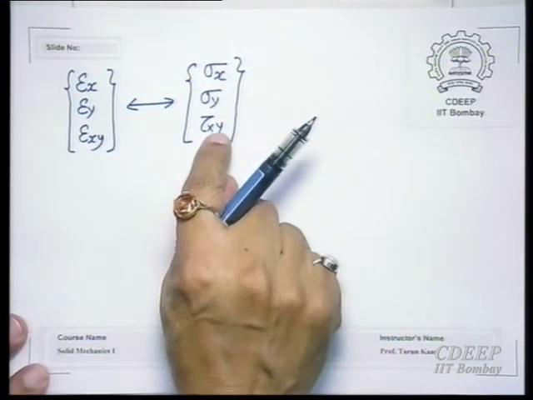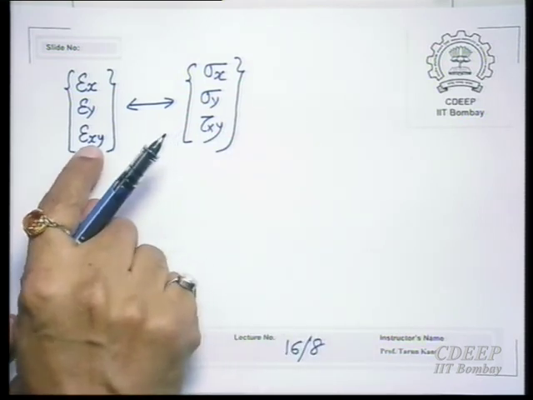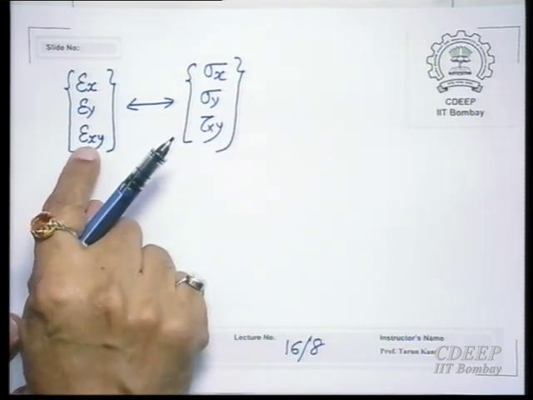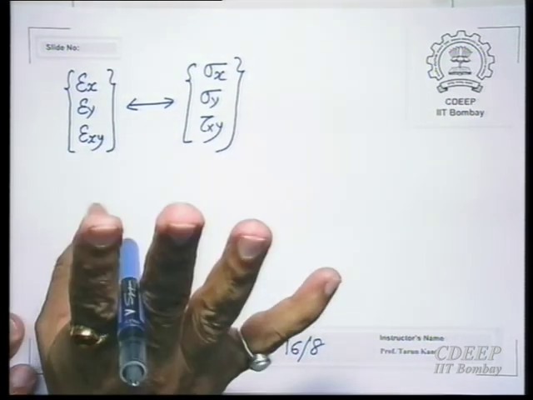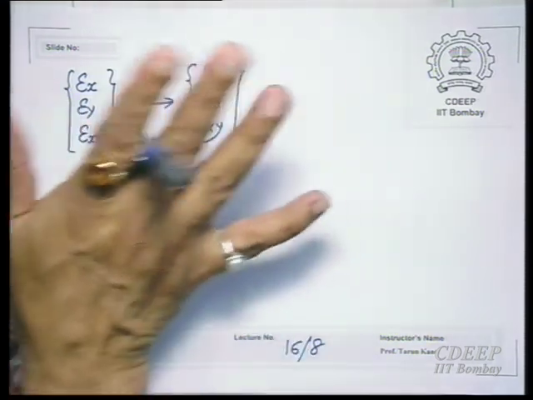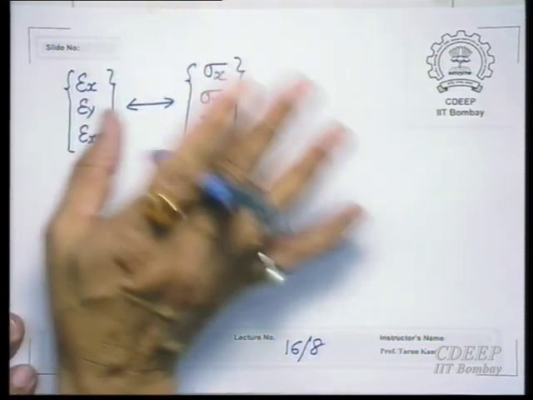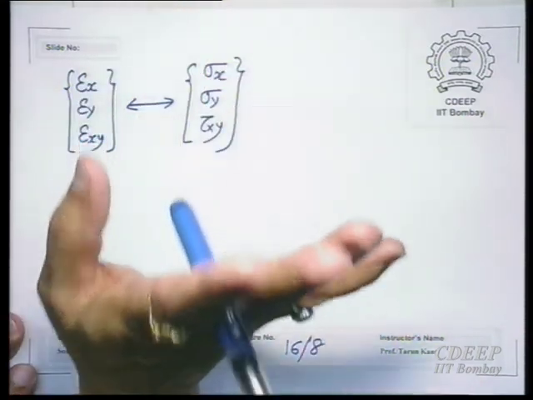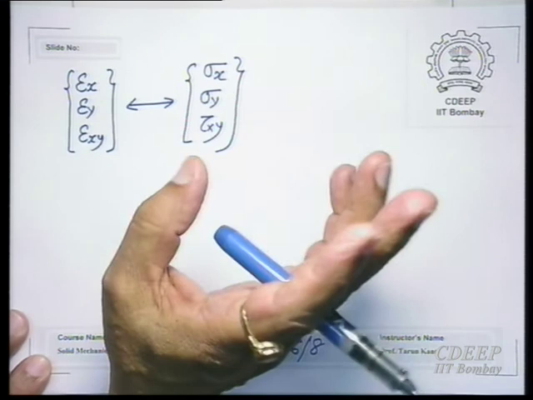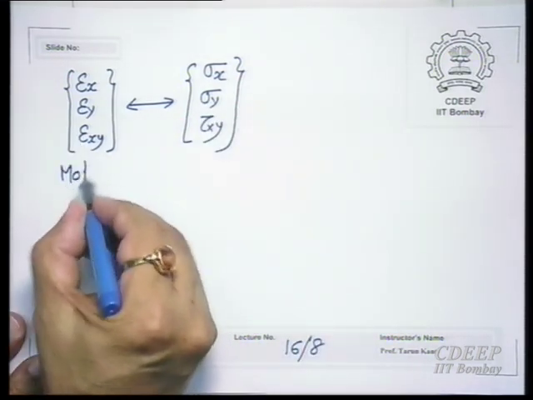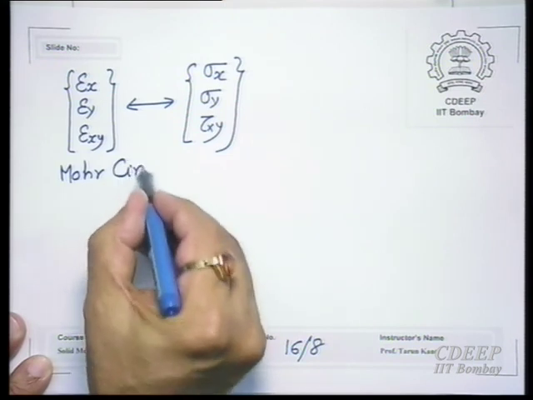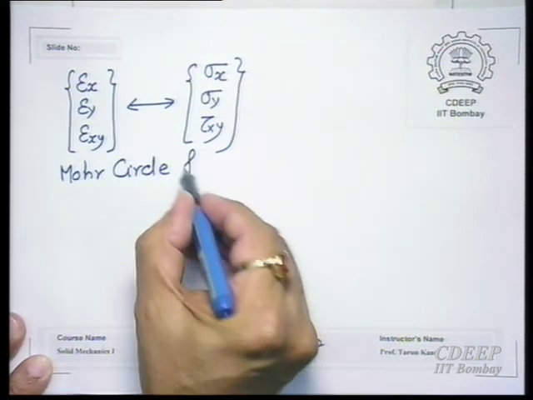Wherever tau xy is there, kindly write epsilon xy, that means half of gamma xy, and then you can have the same rule of transformation and find the maximum shear strain and maximum normal strain. So here also you have Mohr circle for strains.